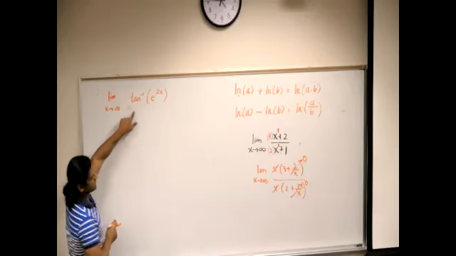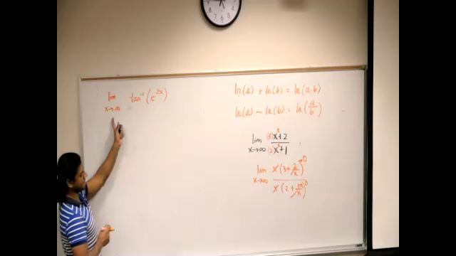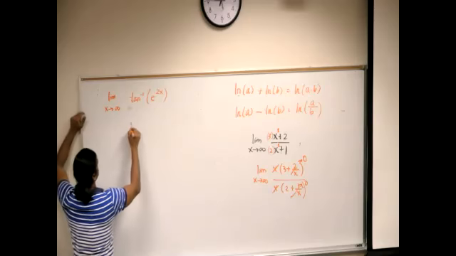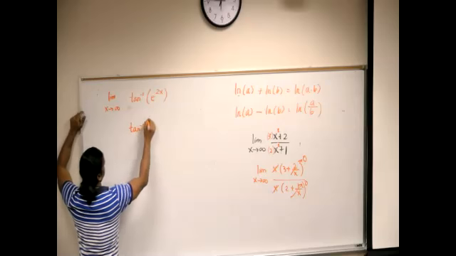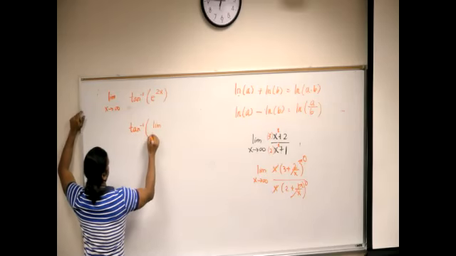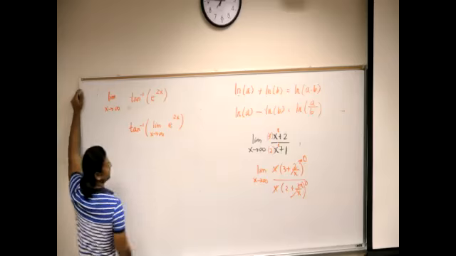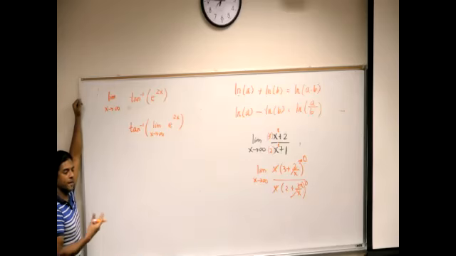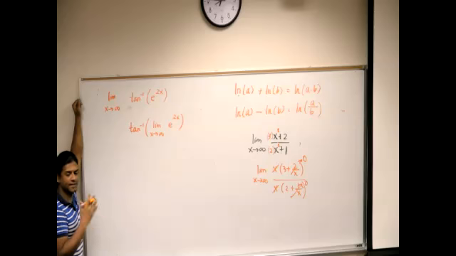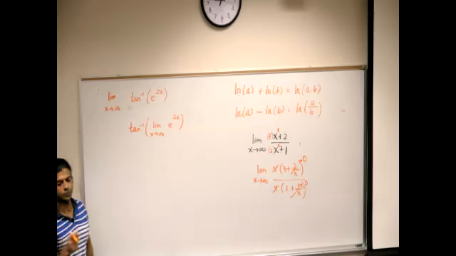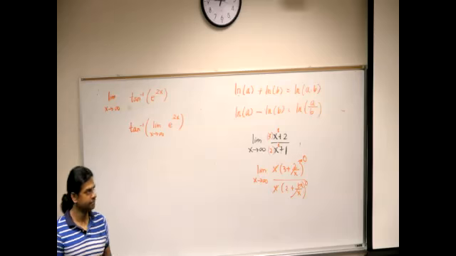So this is a function, and we can take the limit directly inside. So tangent inverse, limit x approaches infinity, of e raised to x. What happens to e raised to x as x approaches infinity?